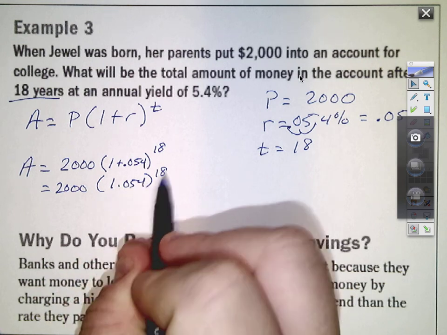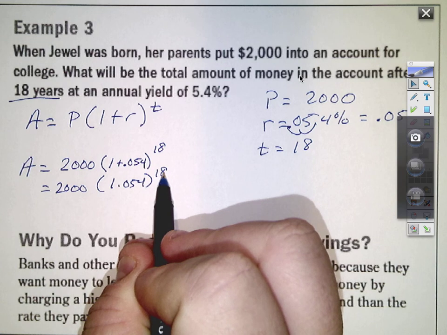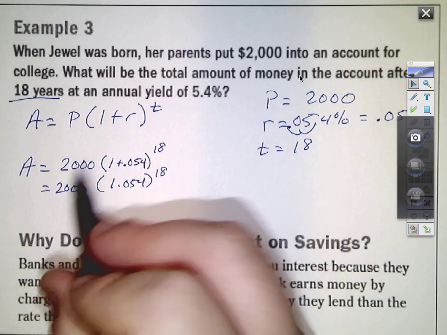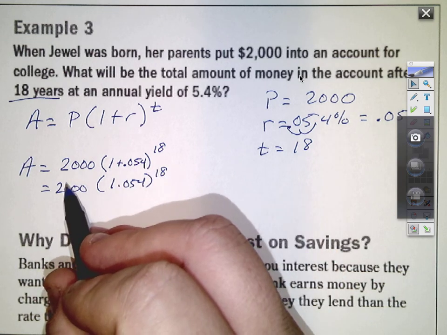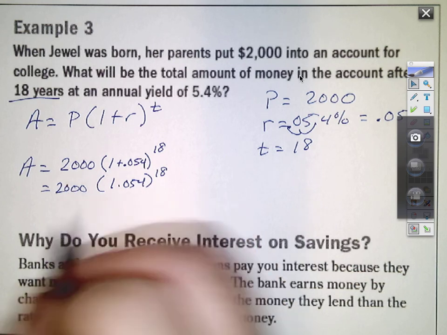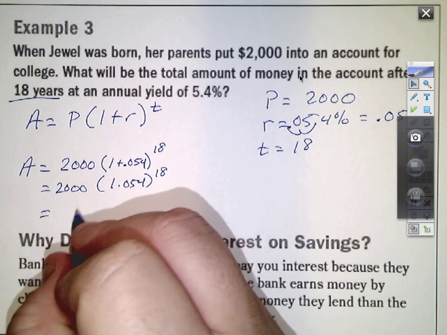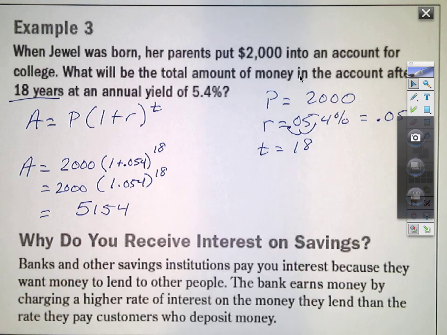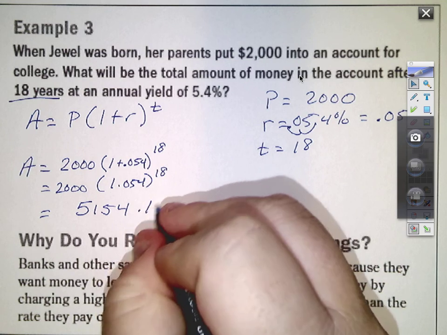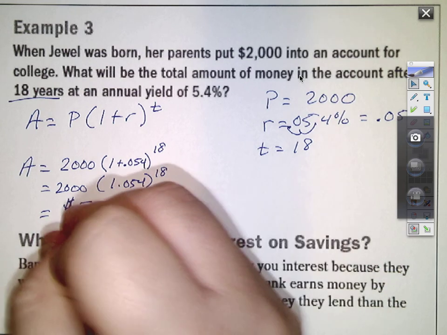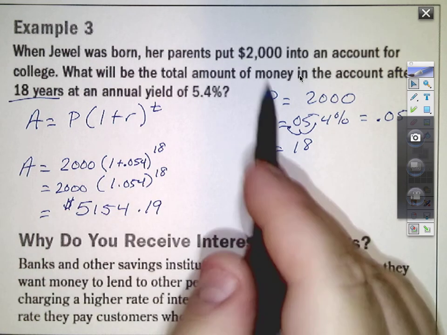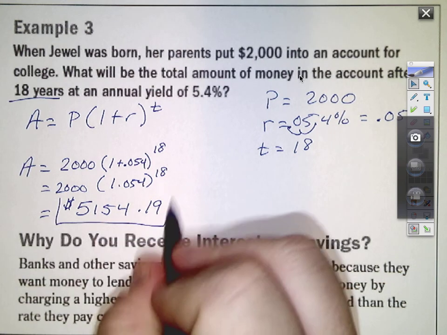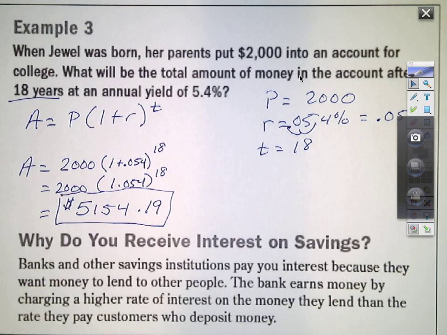Now, you have to remember your order of operations. You have to do this first, 1.054 to the 18th power. Once you get that, then you multiply it to 2,000. And my answer is going to be $5,154.19.